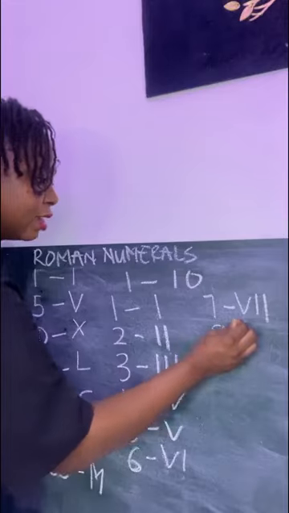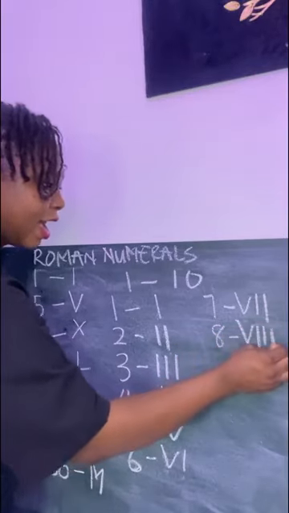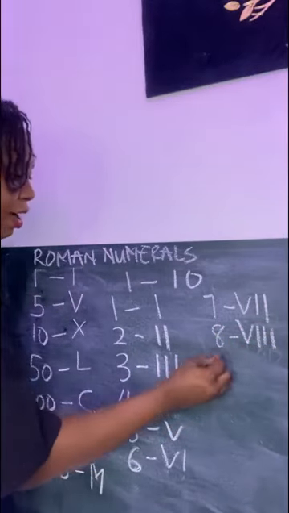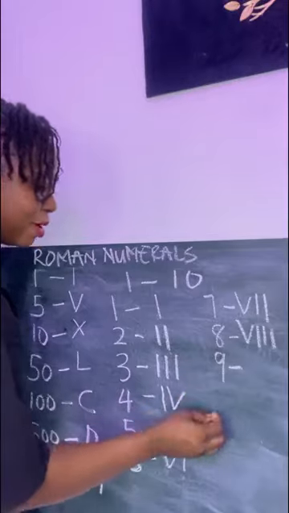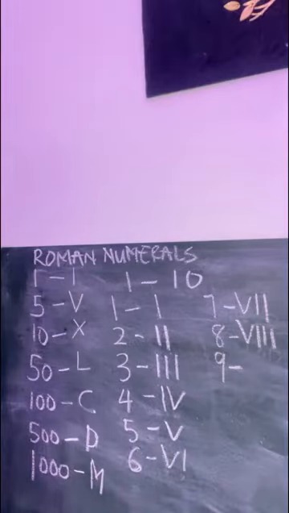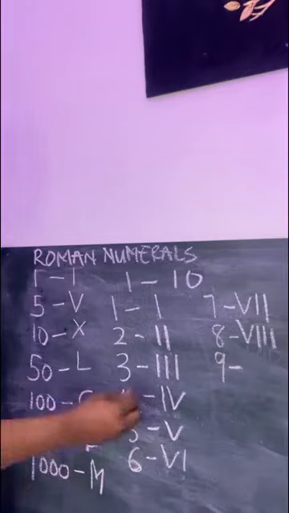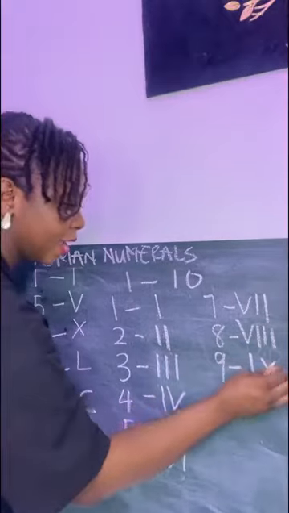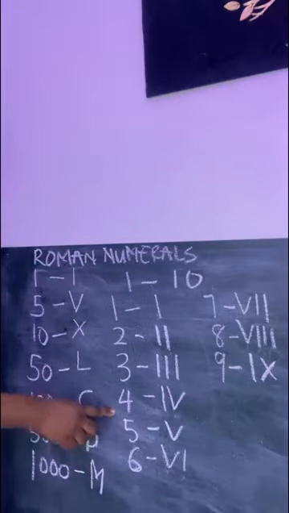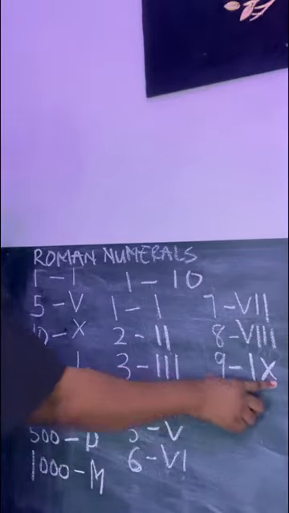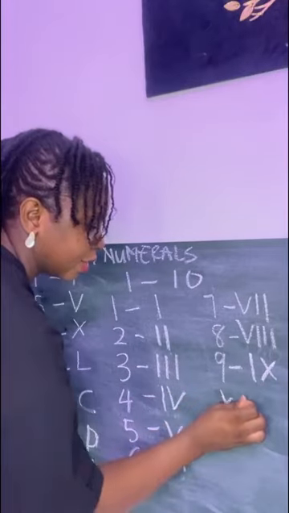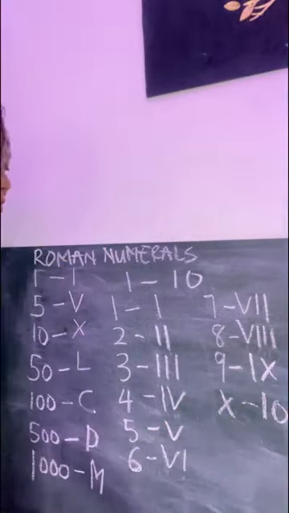Our 8 is what? VIII. Our 9 is what? Remember, we have 10 to be X. So our 9 is what? IX. Just like what we did for 4. And 10 is what? X is 10.